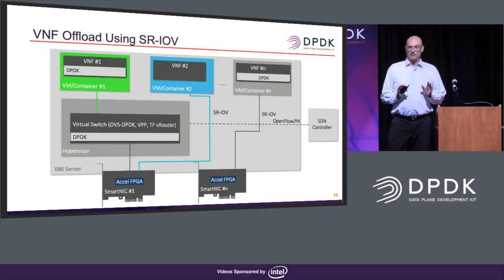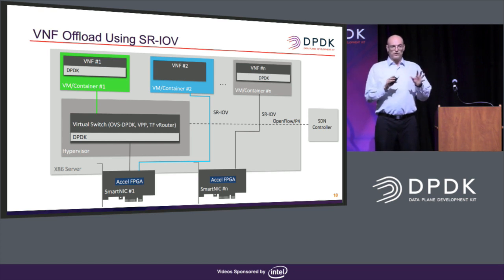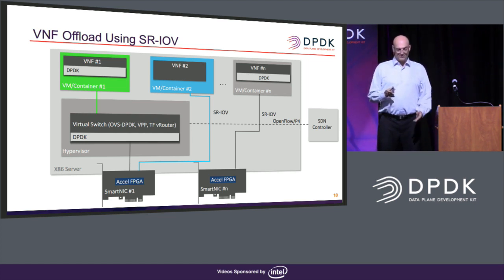But this creates a bit of a problem, because if the virtual switch did some modification to the packets, then the acceleration becomes a problem. You have an entity in the middle that might change the networking. So if you have a direct PCI pass-through with SR-IOV, then the VNF can be accelerated by the SmartNIC, which is a benefit.